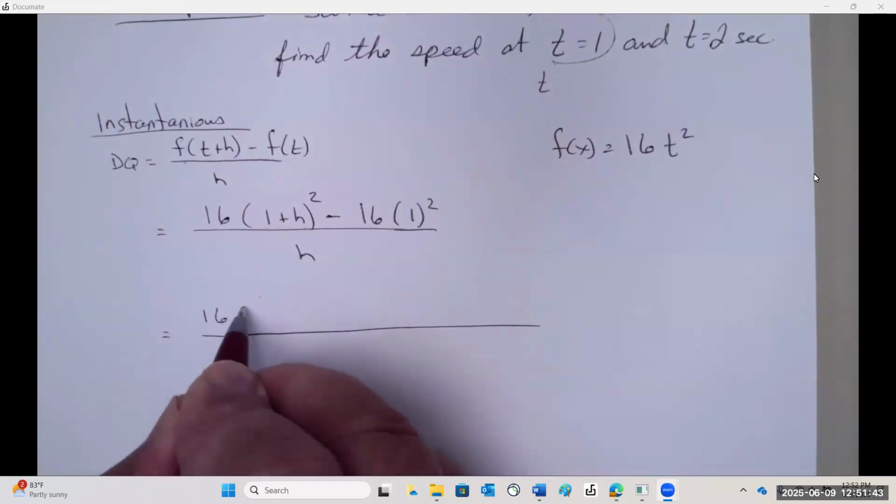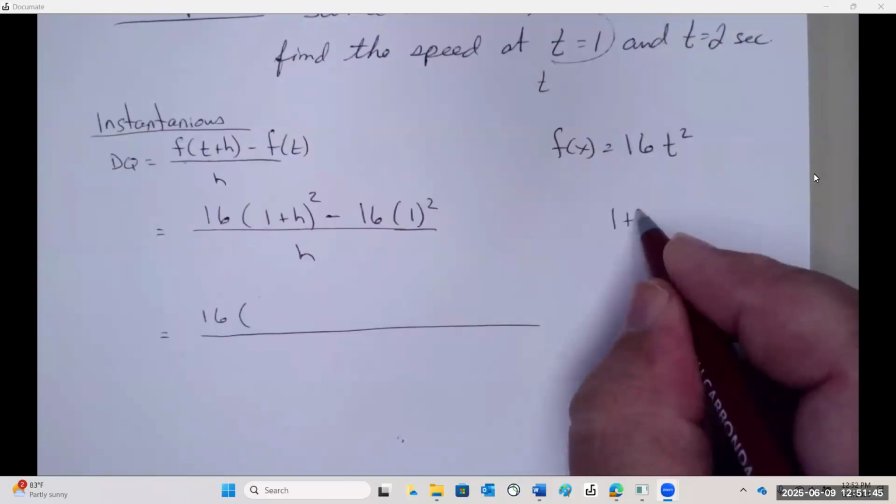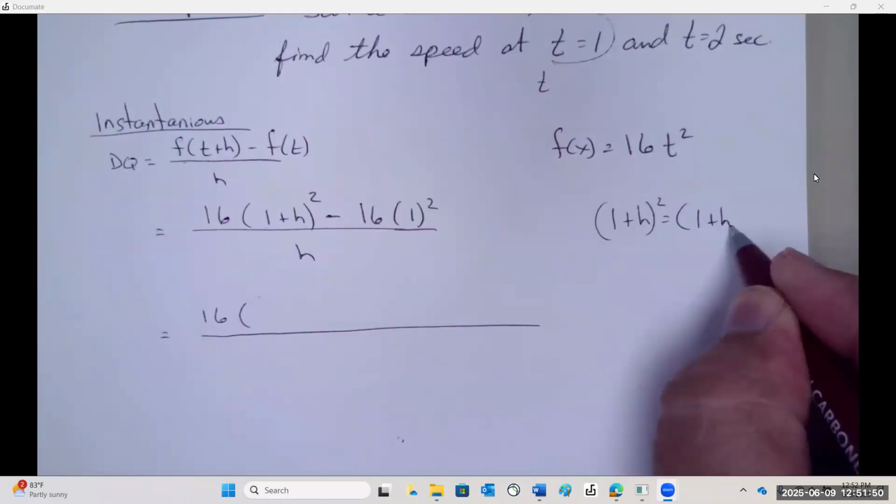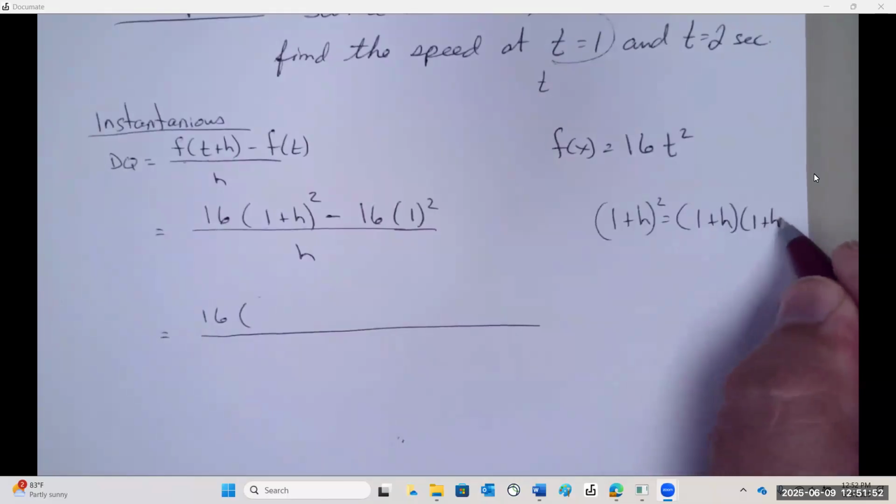So we have 16. Remember, (1 plus h) squared is 1 plus h times 1 plus h.